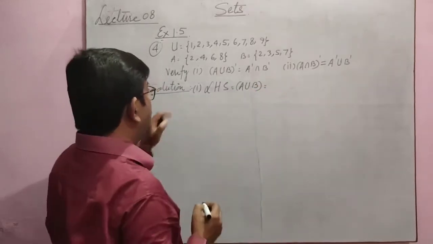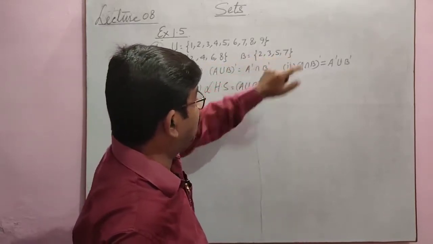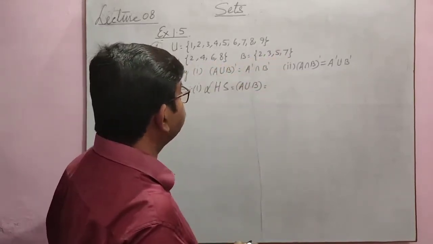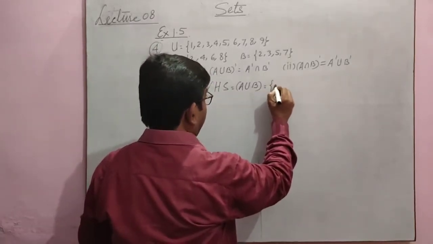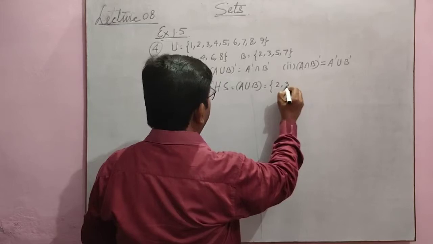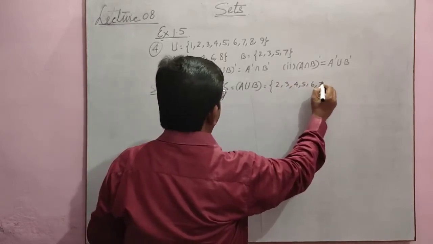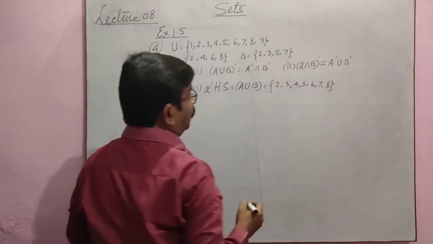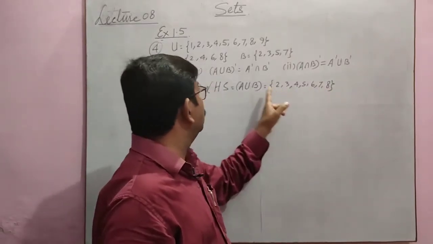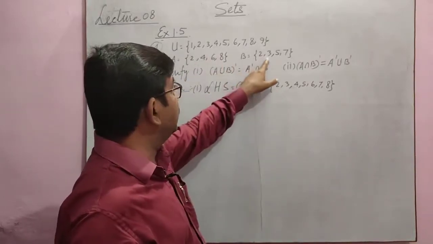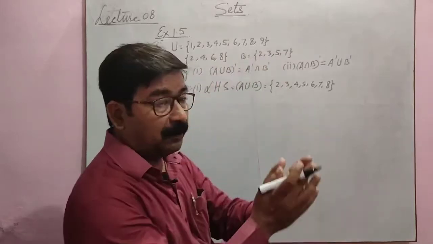So what is A union B? We have A as 2, 4, 6, 8, and here 2, 3, 5, 7. So 2 is common and the others are not common. So what are the elements? 2, 3, 4, 5, 6, 7, 8. All these elements are in A union B. All are combined.